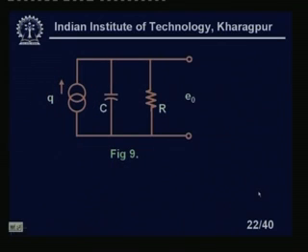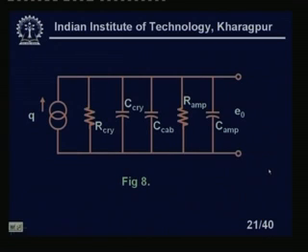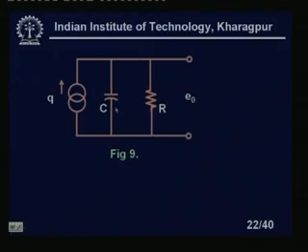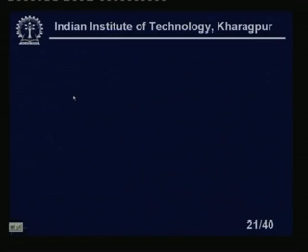Now, you see we have simplified the circuit. What we have here is 3 capacitances and 2 resistances. This we have combined into an equivalent capacitance and resistance. We are writing C and R, and let us look at what C and R are. All the capacitors are combined here and all the resistances are combined here, and we are getting the output voltage E naught and the charge generated Q, right.